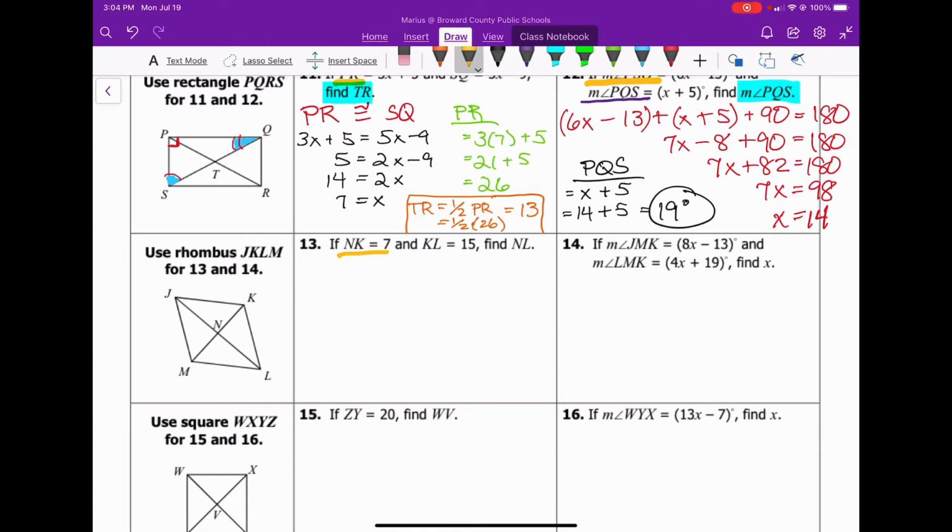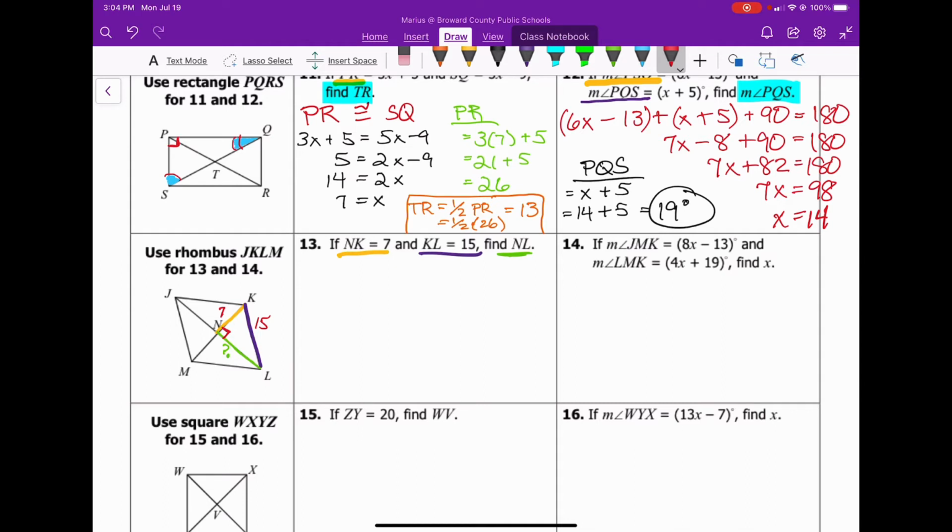NK is 7. So we have NK, that's 7. Then it says KL is 15. KL, 15. And they want us to find NL. So they want us to find this. Now, like I said before, we just got done discussing that this is a right angle, okay?